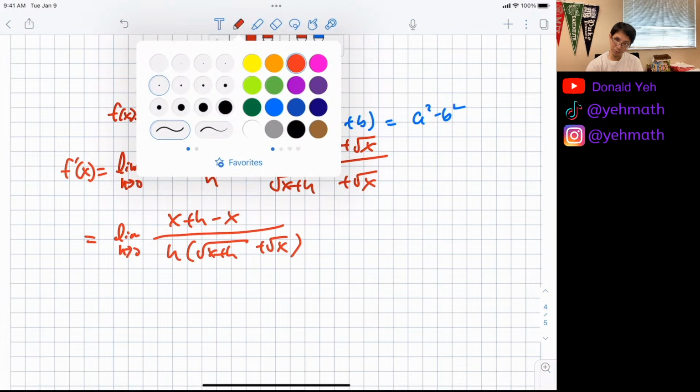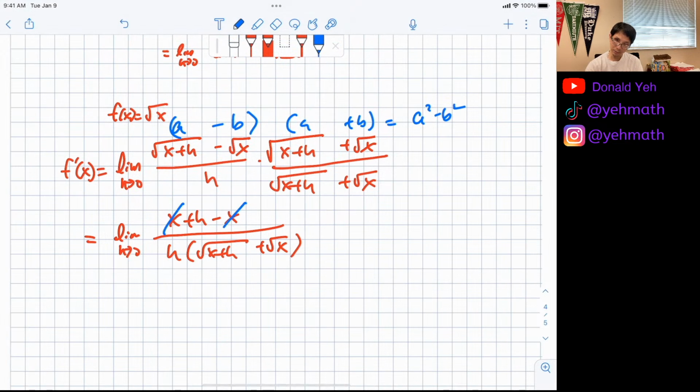Now these two things cancel out, and the h cancels out, that's going to be 1. So it's equal to the limit as h approaches 0 of 1 over square root of x plus h plus square root of x.